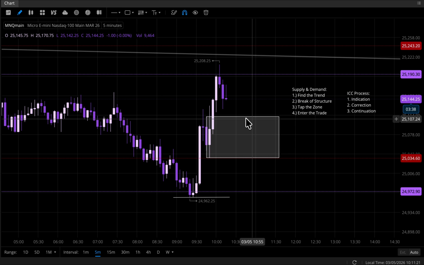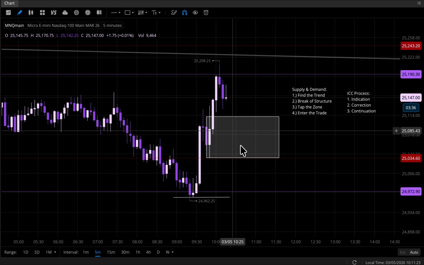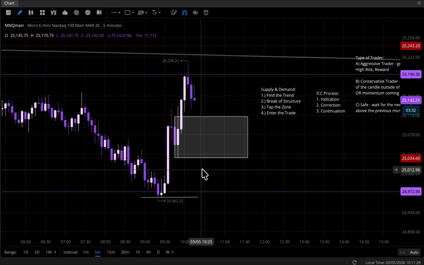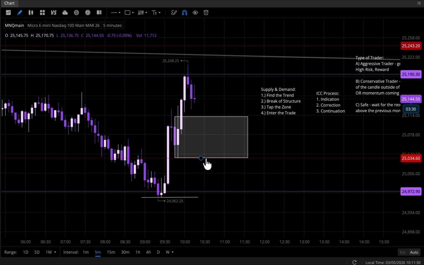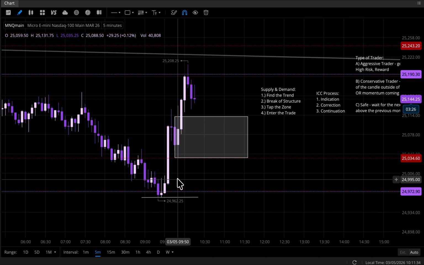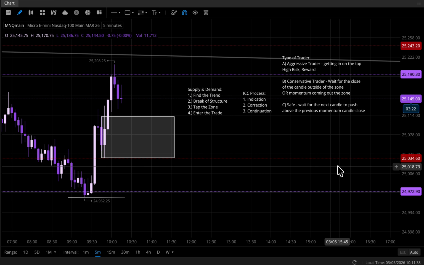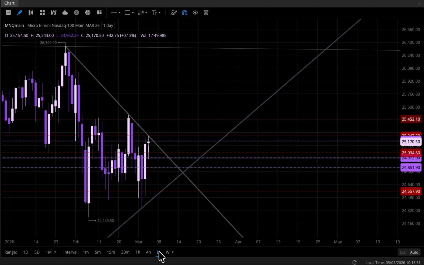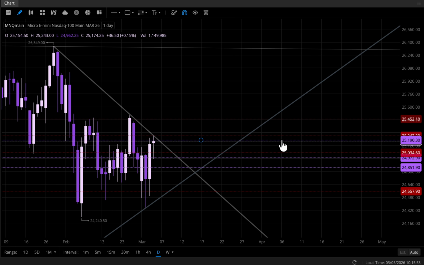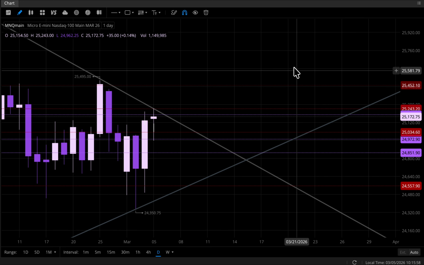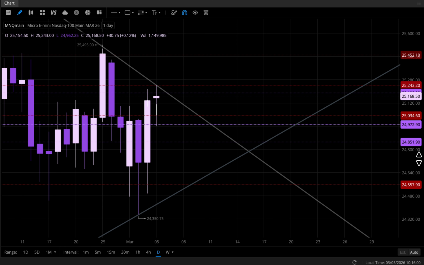So I'm not going to be too eager to get into this trade in this area because it could potentially invalidate. But let's see. Okay, now that that stuff is off the screen, let's look at this from a clear bird's eye point of view.